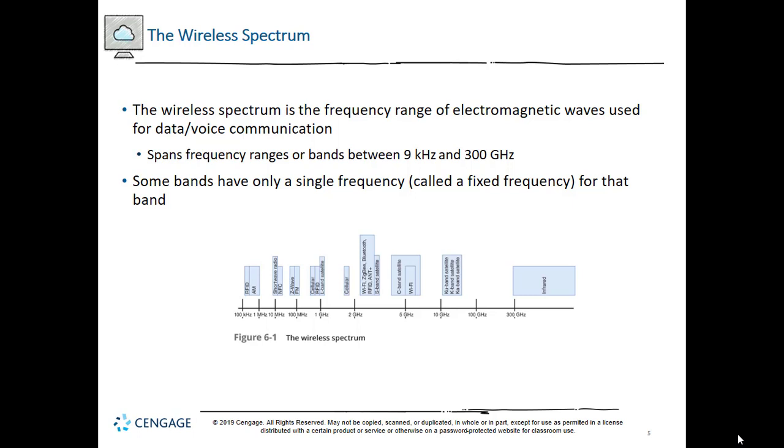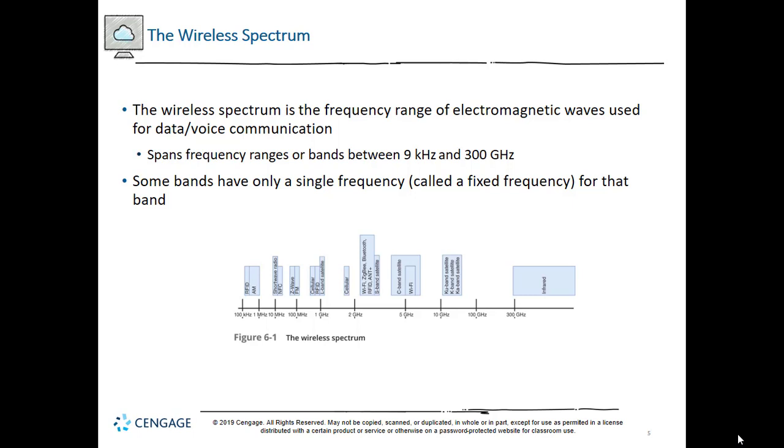The FCC controls the use of these different wireless frequencies. The wireless spectrum spans frequency ranges, or bands, anywhere between 9 kilohertz all the way to 300 gigahertz. Please understand that a hertz, or Hz, means 1 cycle per second.